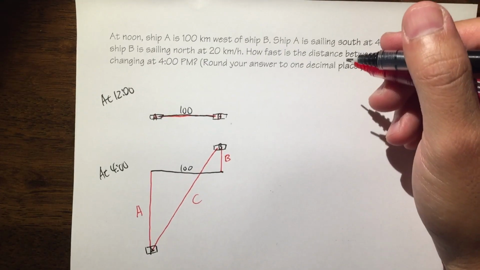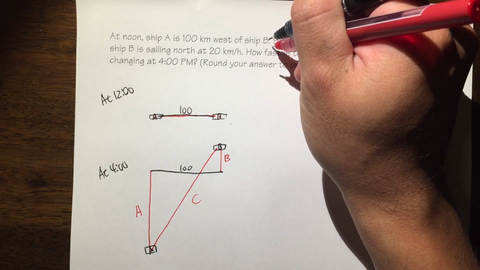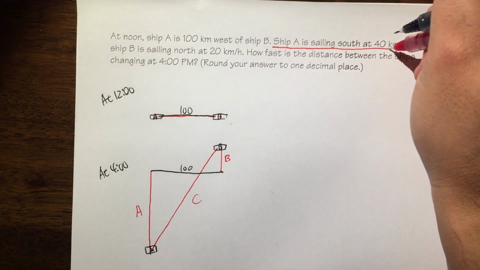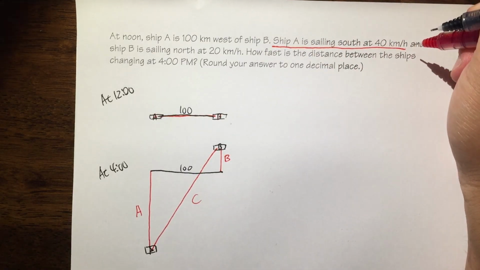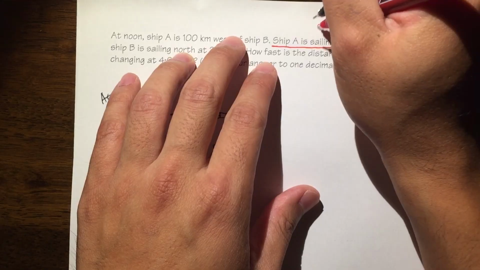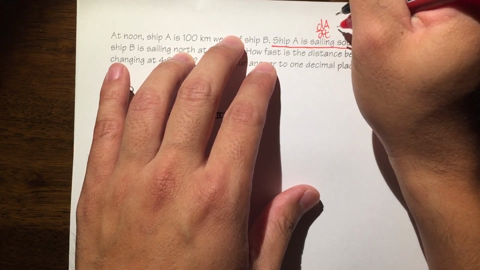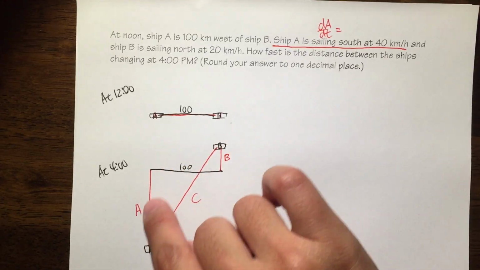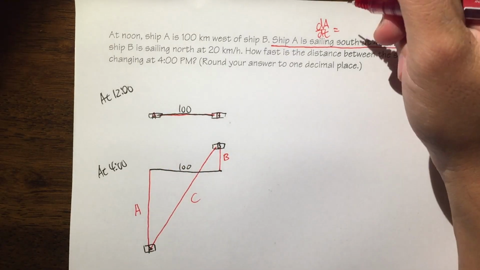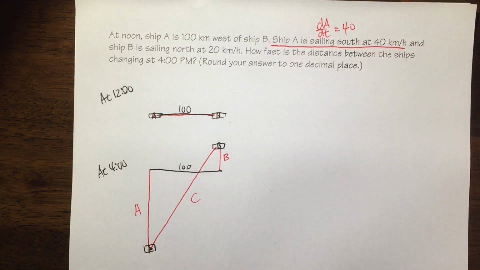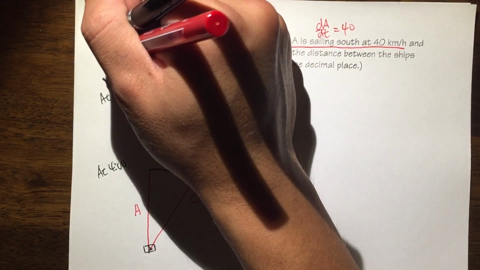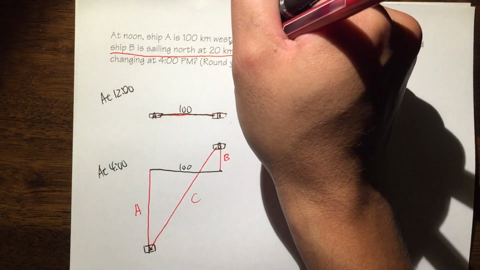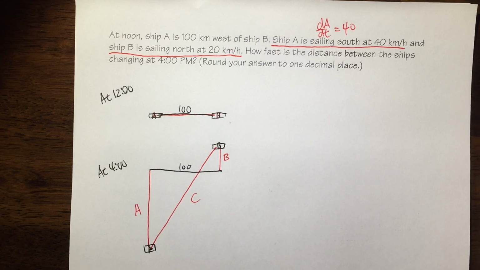And let's go back here. It says A is sailing south at 40 kilometers per hour. This will tell me dA/dt equals a positive 40, because this distance is getting longer and longer. Similarly, B is sailing north at 20 kilometers per hour.